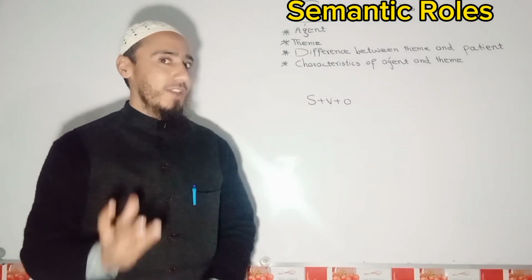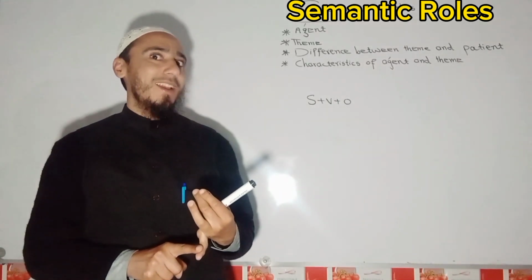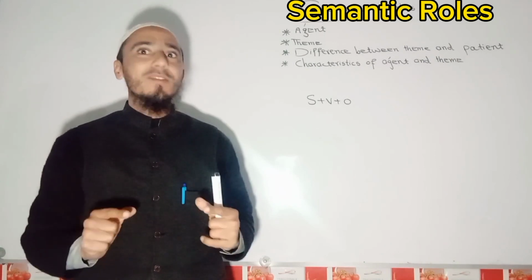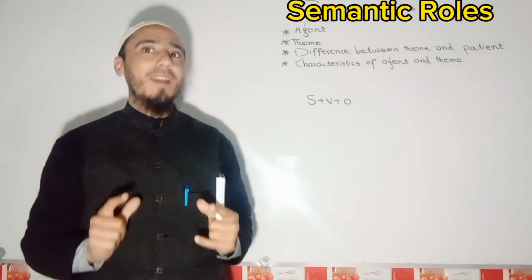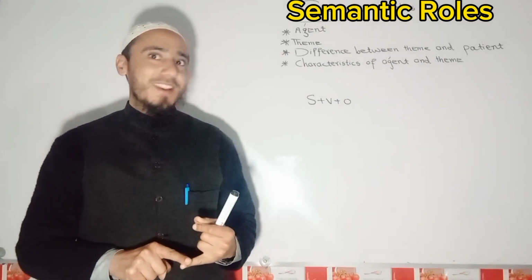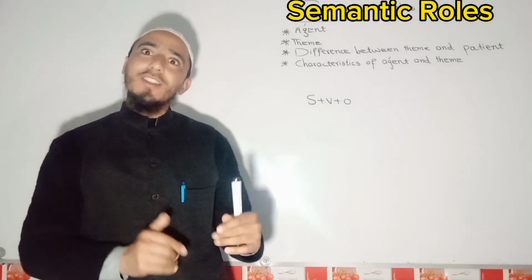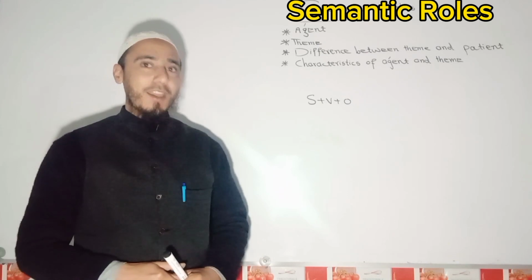The definition of agent is that agent refers to an entity that performs an action. So an entity that performs an action is called agent.